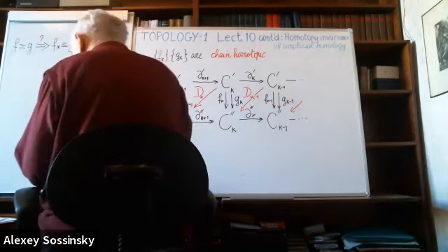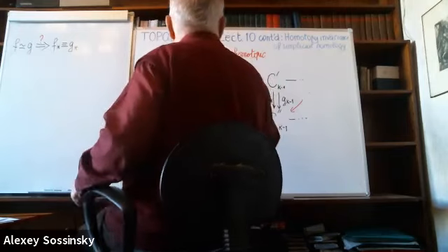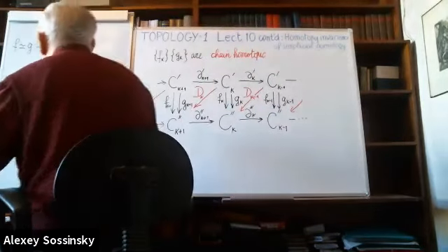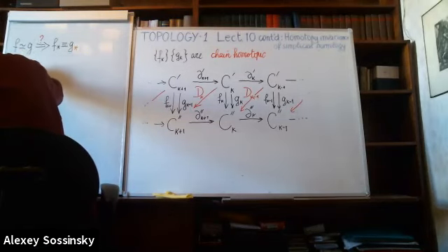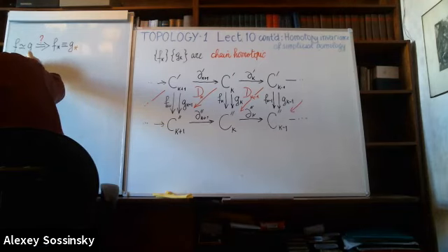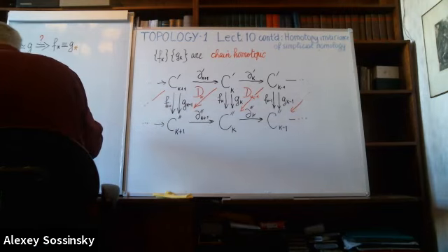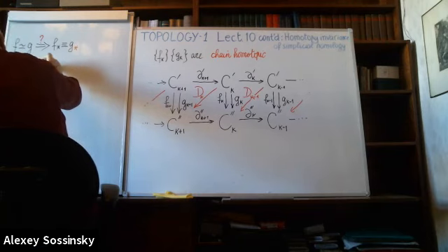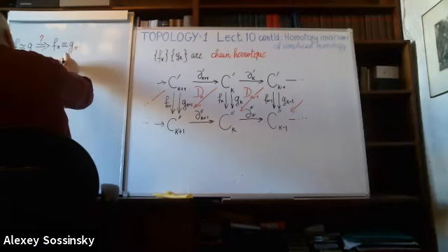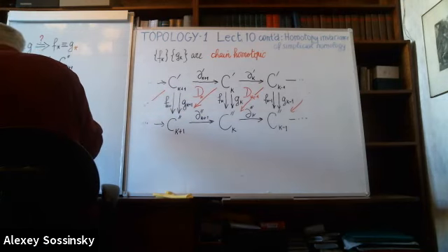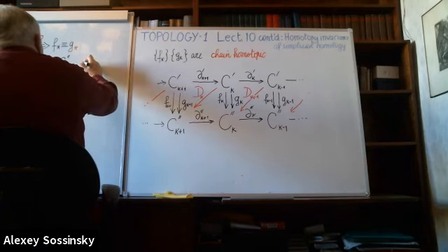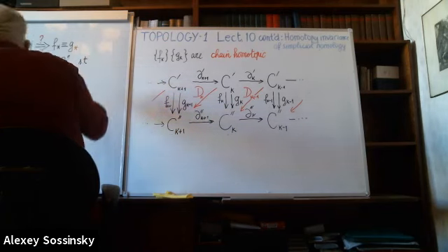If there exists a family of homomorphisms dk, which are homomorphisms of C k prime to C k plus 1 double prime, and satisfy the following equality.